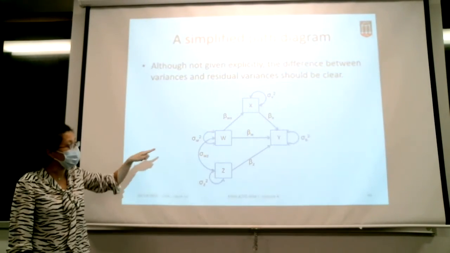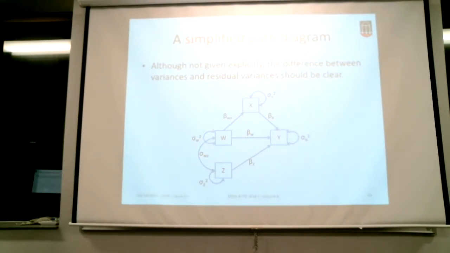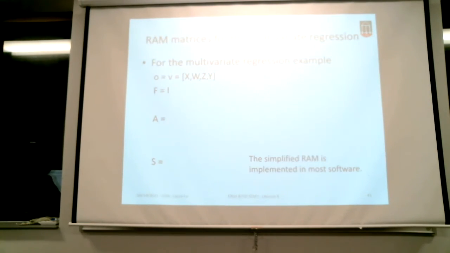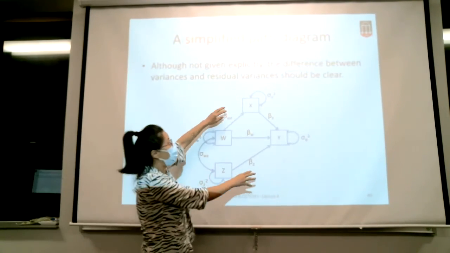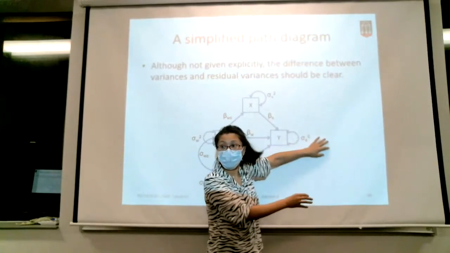Based on this simplified version, we can figure out the F matrix, A matrix, and S matrix. If we use a simplified version, there's no error part, no V part, no E part.